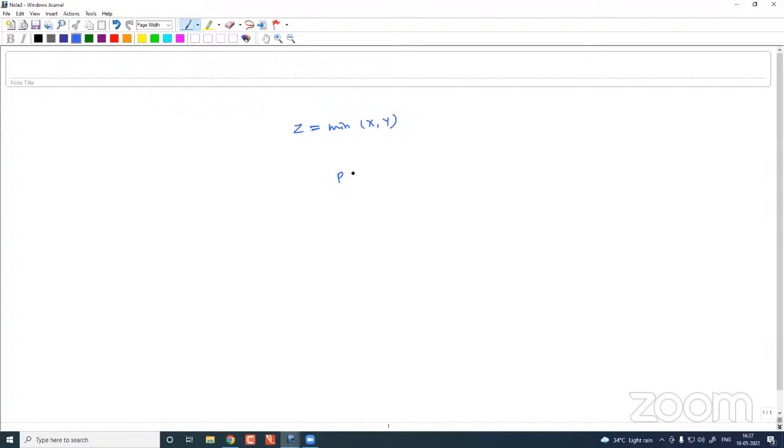So if I wanted to find the PDF of this, how can I write? Probability that Z is less than or equal to z. And what is Z? It's the minimum of X comma Y, which should be less than or equal to z.